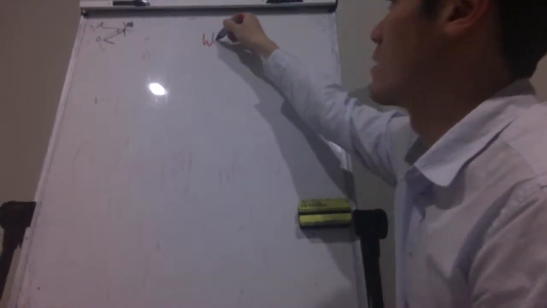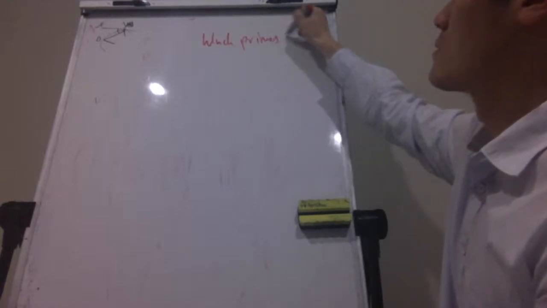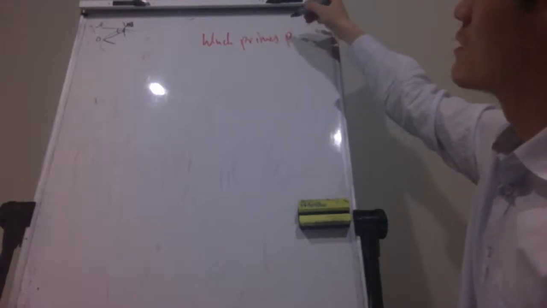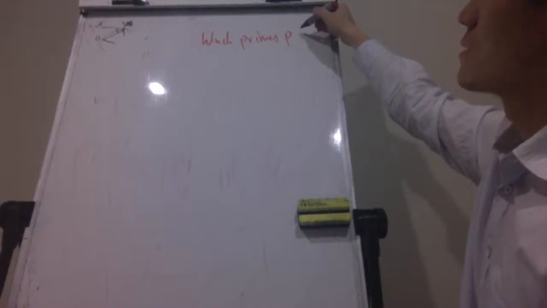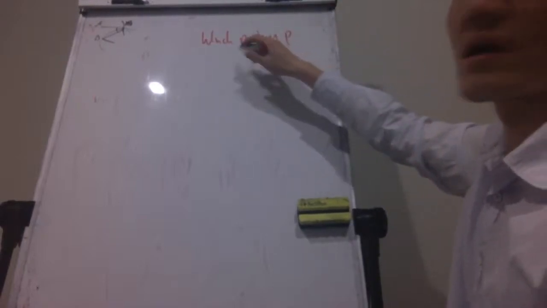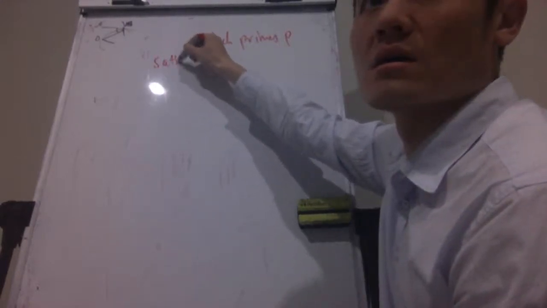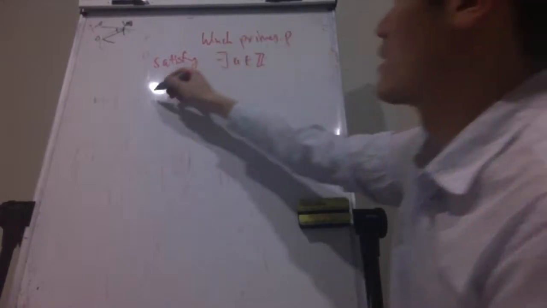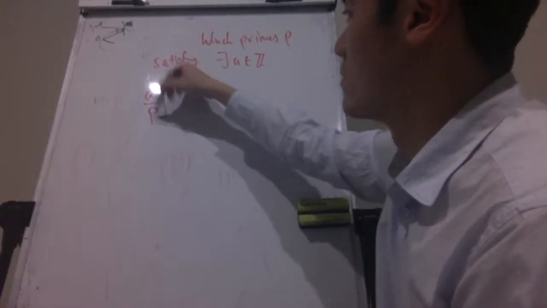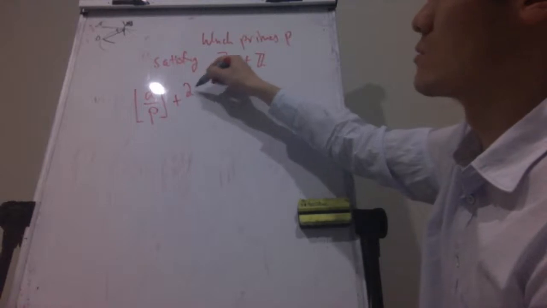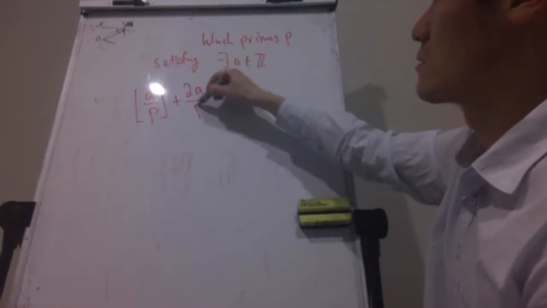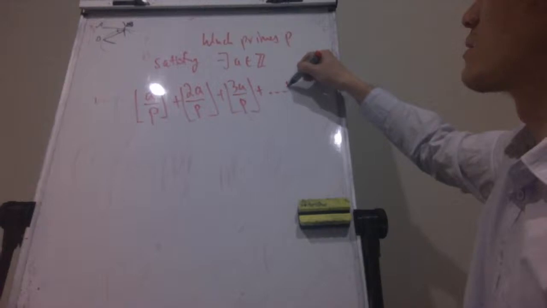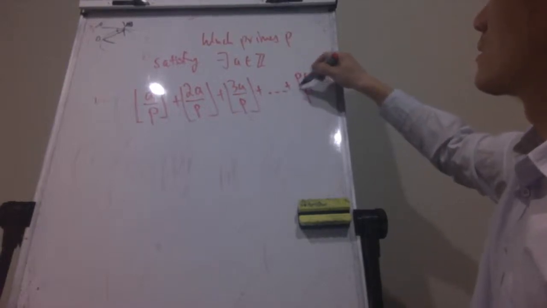It was like, which primes P have the property that there exists an integer A such that floor(A/P) plus floor(2A/P) plus floor(3A/P) and then 4, all the way up to P, floor(PA/P) equals 100.